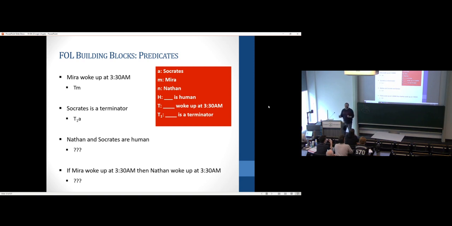T1 a. Nathan and Socrates are human. Right? So we can paraphrase this as Nathan is human and Socrates is human.